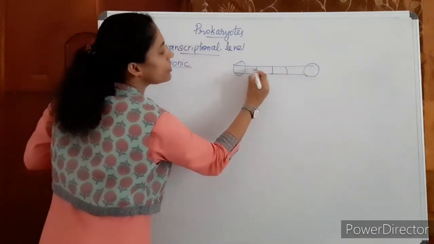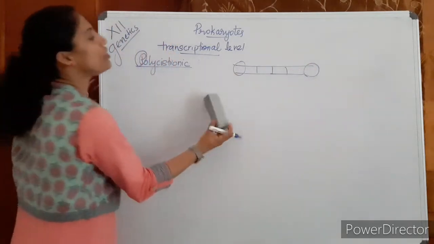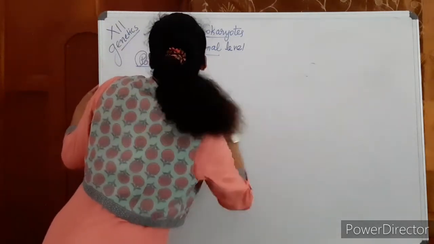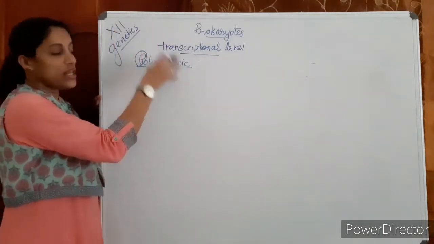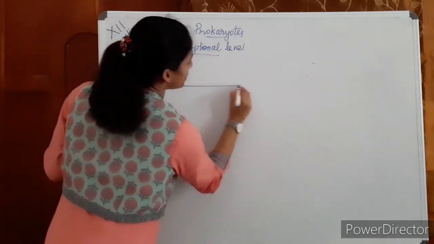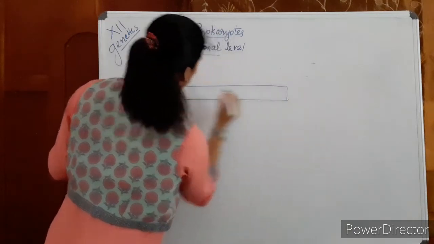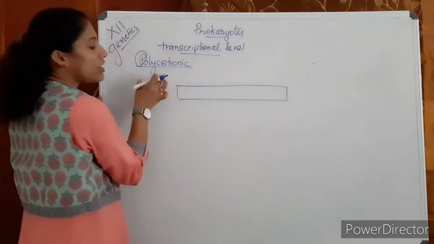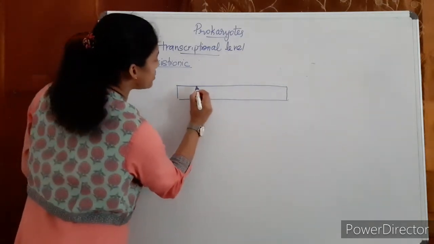That means in the structural genes here, many genes are there. We will discuss with an example later. Anyway, in prokaryotes, the structural genes are polycistronic. Then understand gene expression regulation. Suppose I am giving an example. If this is a transcription unit, what is the first sequence called?